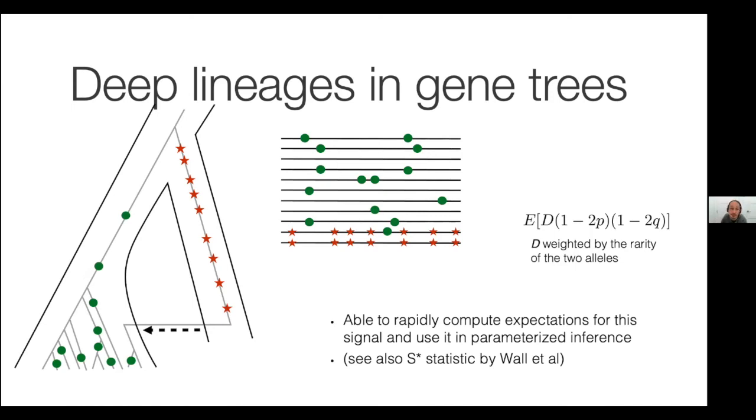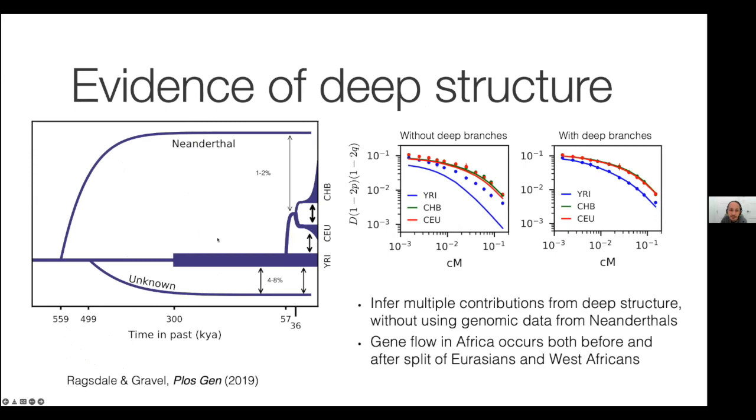So maybe that's what's missing in this model. Maybe we should add a branch to this model of an archaic human population in Africa that contributed to African populations, both before and after the Out of Africa event. And if you add a couple of parameters, you magically explain these patterns rather well. So we're very happy about this.